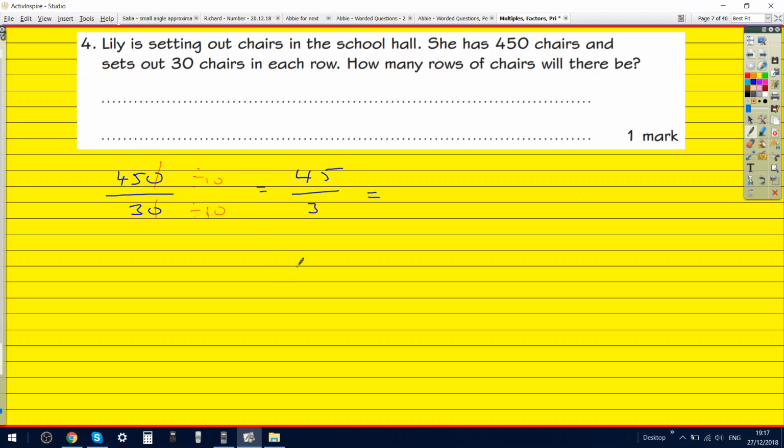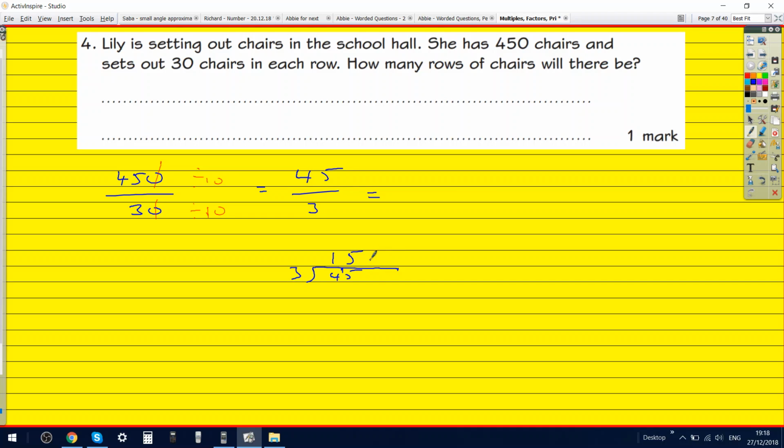You can do it bit by bit. So how many 3's in 45? How many 3's in 4? 1, remainder 1. Okay, and what's next? 3 goes into 15 5 times.